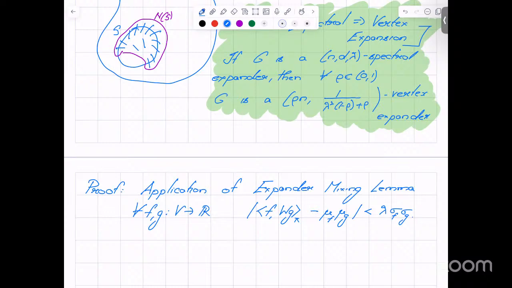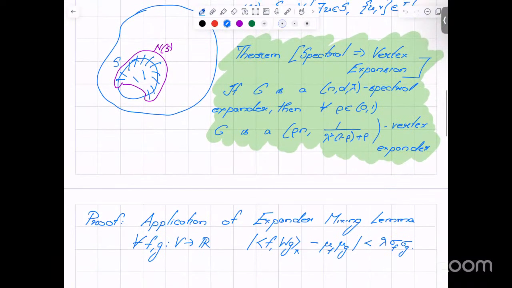Now that I've told you it's going to be an application of EML, what is the f and what is the g that you want? What do you want to set f to be? What do you want to set g to be in order to do this? I want to show that every set of size rho n expands.